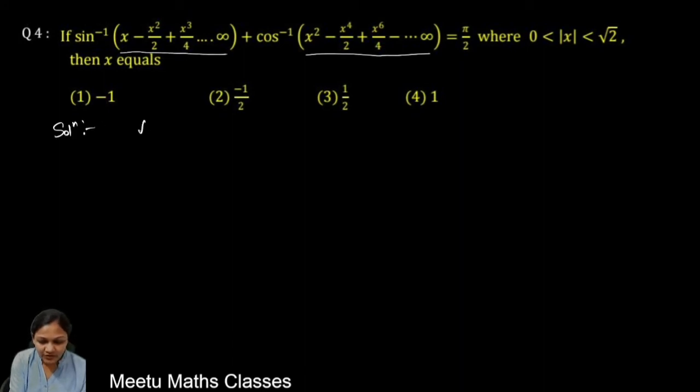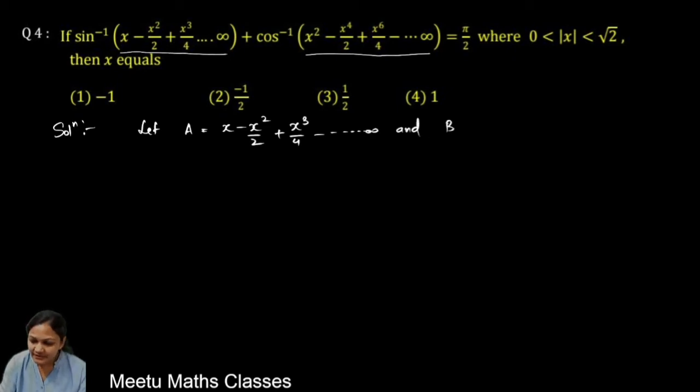So first of all, let this expression a be x minus x square by 2 plus x cube by 4 minus and so on till infinity, and b be x square minus x cube by 2 plus x to the power 4 by 4 minus and so on till infinity.